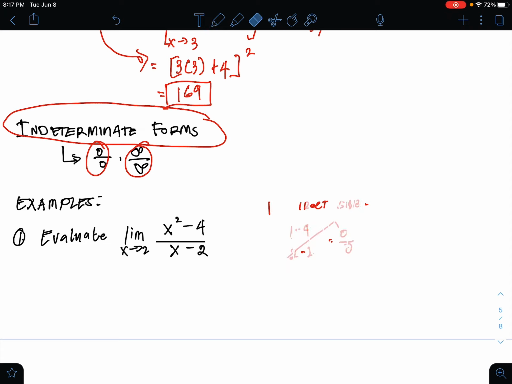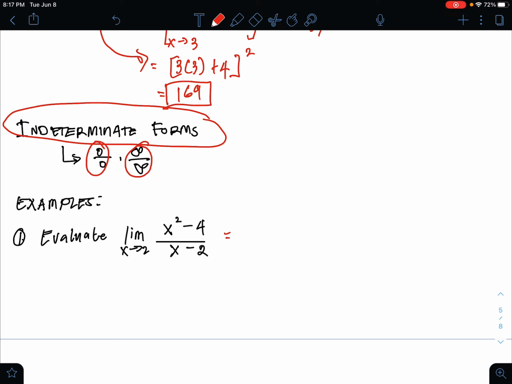Okay, so our goal here is to find the limit of the function without having the answer as an indeterminate form, 0 over 0 or infinity over infinity. We would not want that to happen. Okay, so how do we do that? Let's use our fundamentals in algebra.